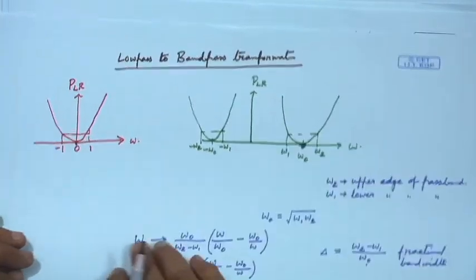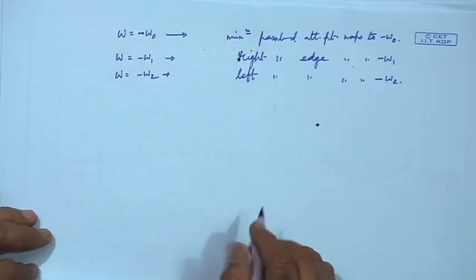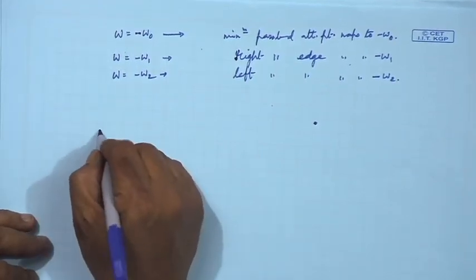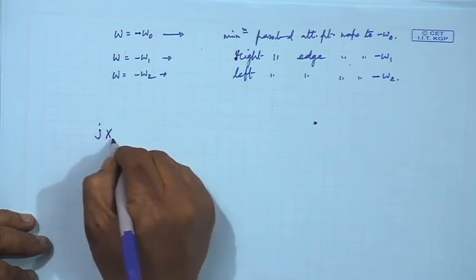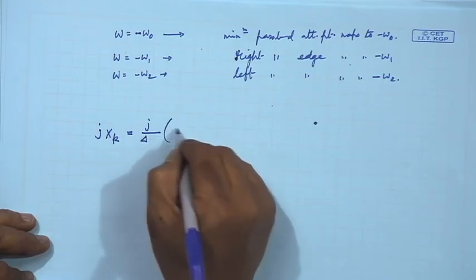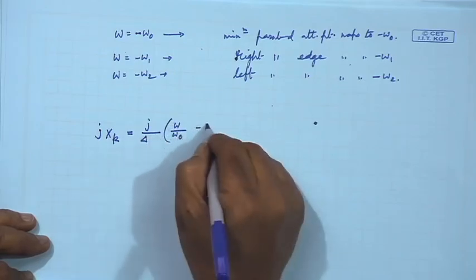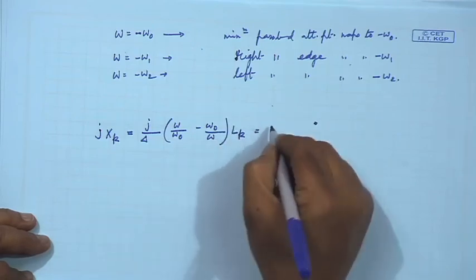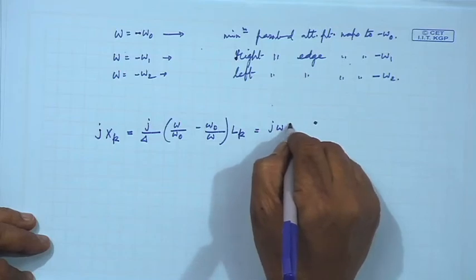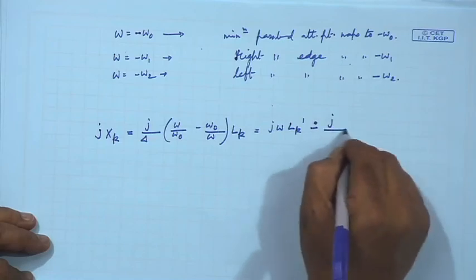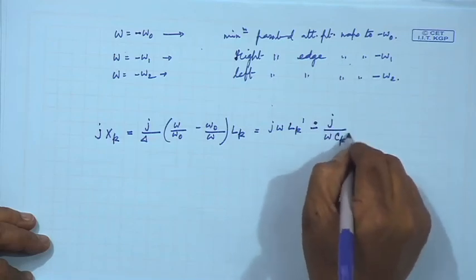So, the transformation is correct. Now, we will have to find out the corresponding component values. With that transformation, an inductor will be j by delta, omega by omega naught minus omega naught by omega, into Lk. So, that will give you j omega Lk dashed minus j by omega Ck dashed.